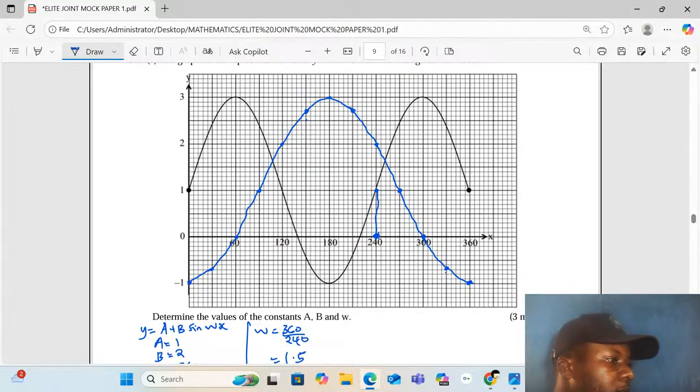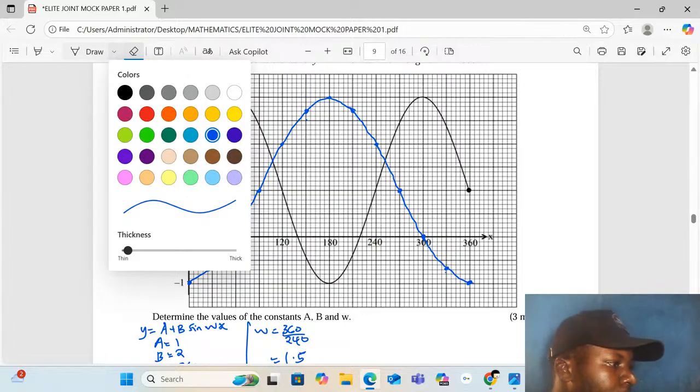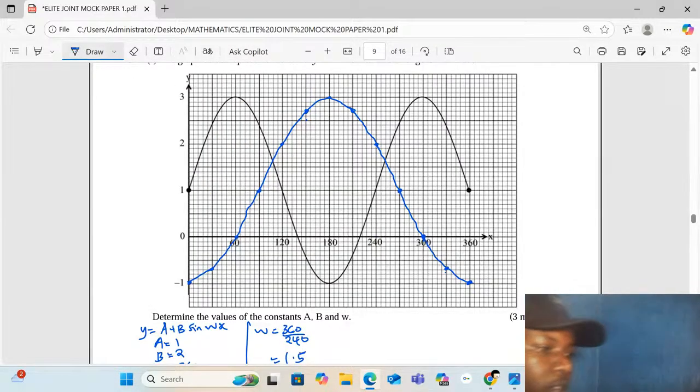So that is the graph of y = 1 minus 2 cos x. You will get some marks for that. So that is how you draw.